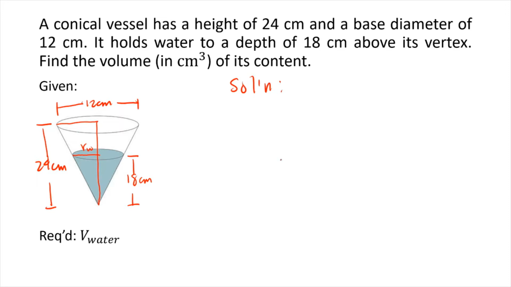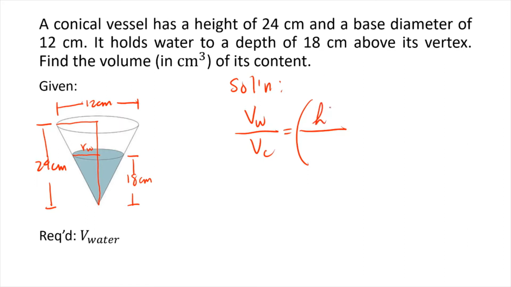So let's use the latter approach, taking the ratio between the volume, let's say volume of the water over the volume of the cone, which is equal to the cube of the ratio between the known linear dimensions, again in this case the height.